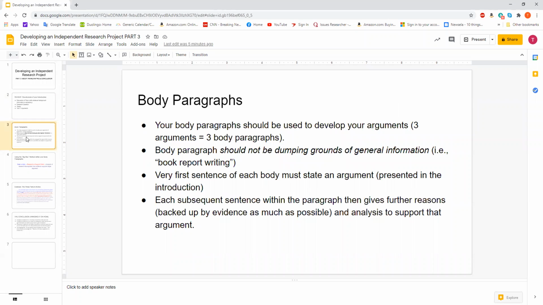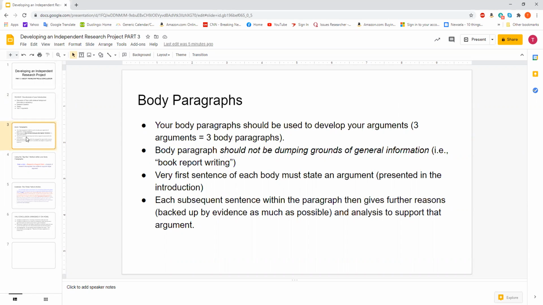And now you're ready to turn to your body paragraphs. Your body paragraphs should be used to develop the 3 arguments that you stated in your introduction. So you had 3 arguments, there should be 3 body paragraphs. Now, it's important to note that your body paragraphs, like no part of this paper, should never be a dumping ground of general information.